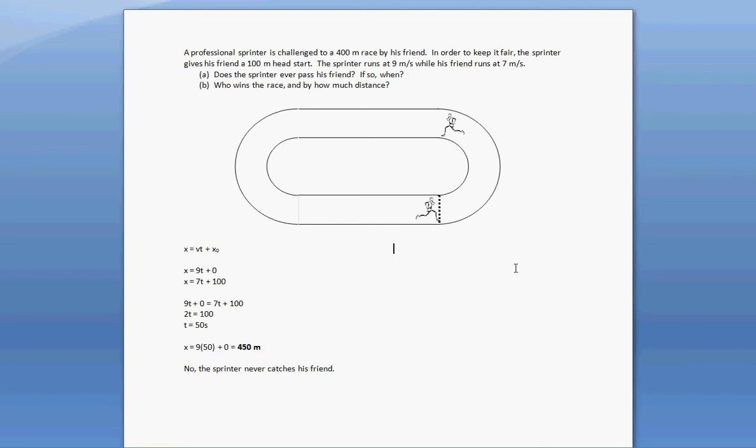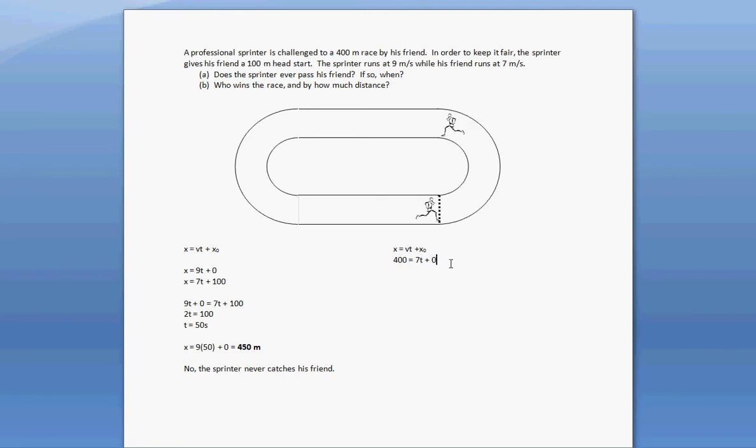Let's find out how long it takes him. So position equals vt plus x naught. And after 400 meters have passed, running at 7 meters per second, we can figure out how long that took, solve for the time.